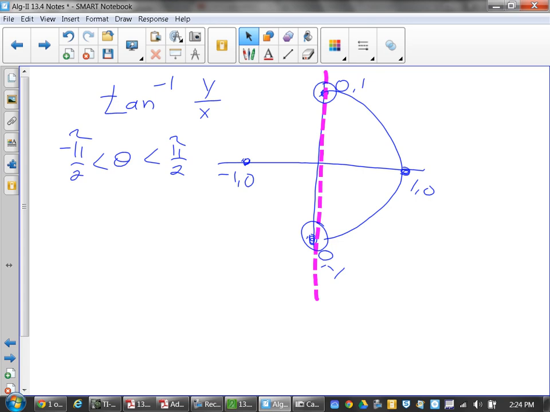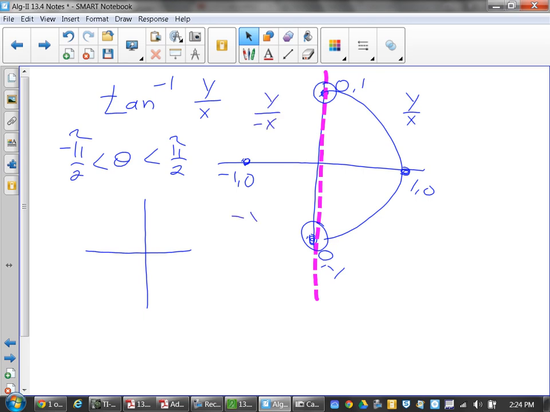If you looked at a period set of tangent, tangent is repeated every pi. It flips from one side to the other. Because it's y over x, y over x, y over x. If this is y over x, they're both positive. Here you're positive y over negative x.